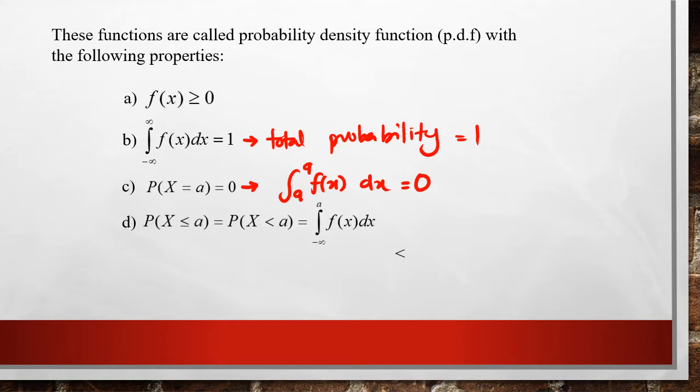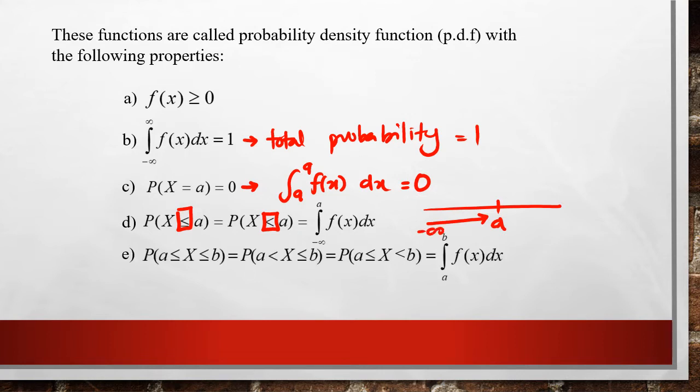And then the next one, probability of x less than or equal to a is the same as probability of x less than a, which is we just have to integrate from negative infinity up to a.